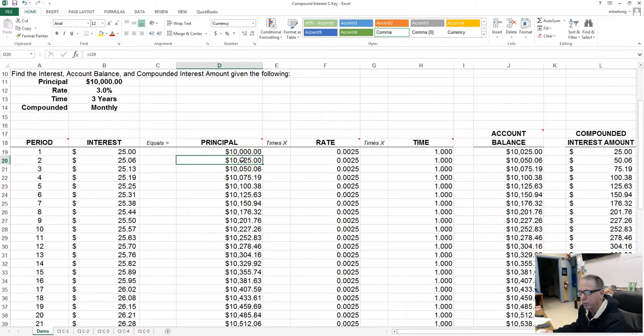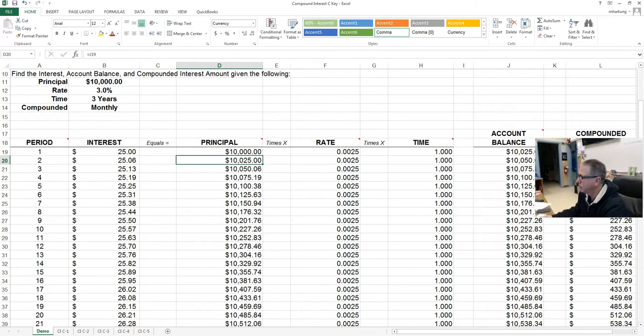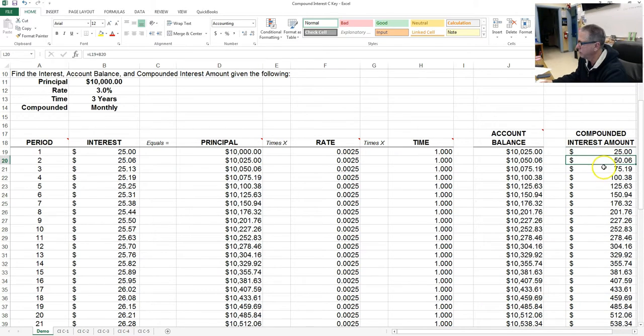So you're applying the simple interest formula on a starting amount that is more than the previous period. The other thing you can take a look at is how quickly this money is growing over time.